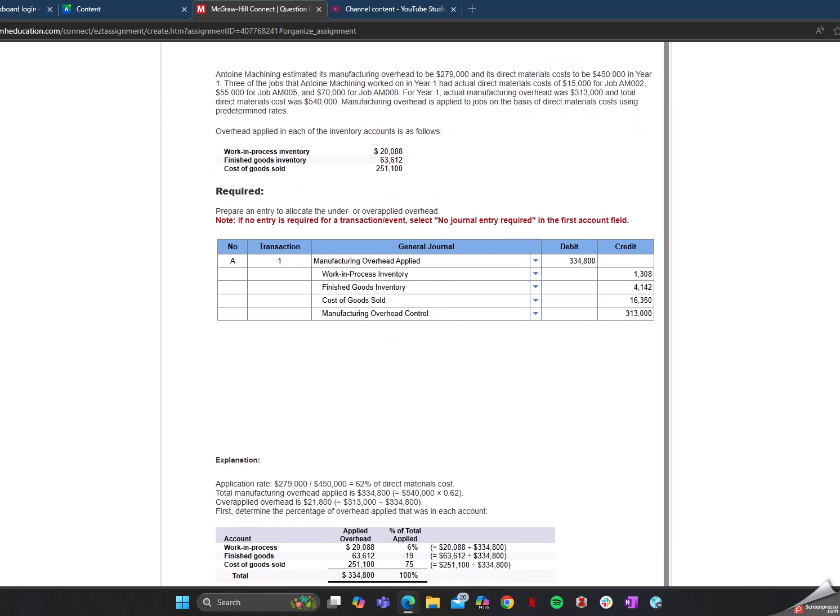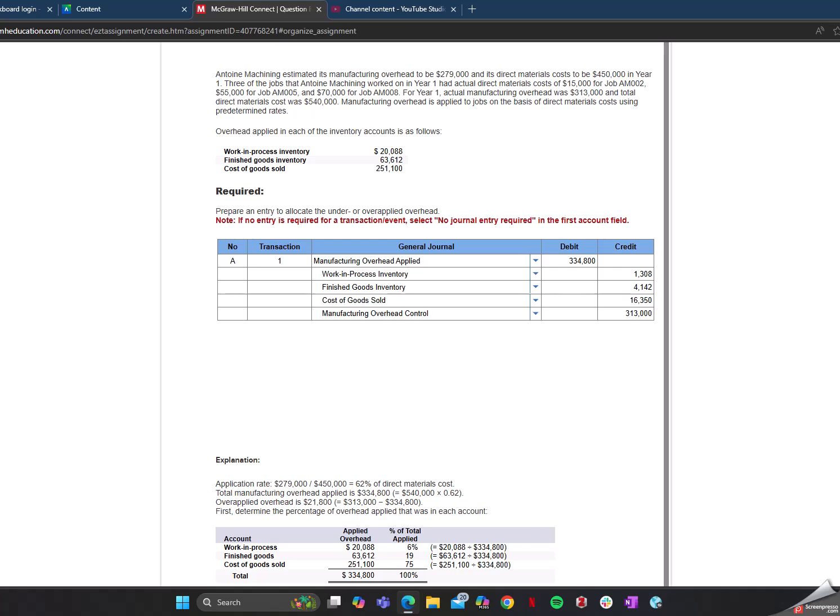So again, they're going to calculate out a percentage: the overhead divided by the direct materials. Then we look at the total direct material cost, $540,000 times the 62% gives us the $334,800. Compare that to the $313,000, and we get that over applied amount.